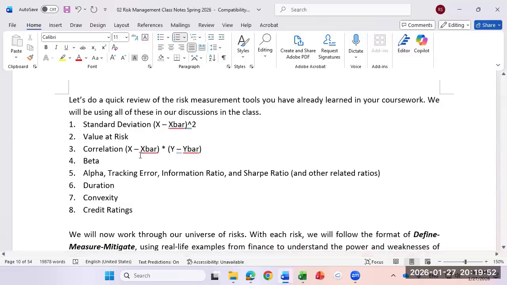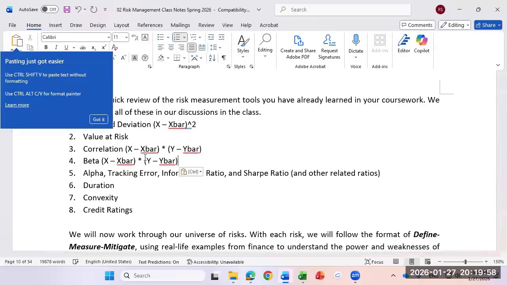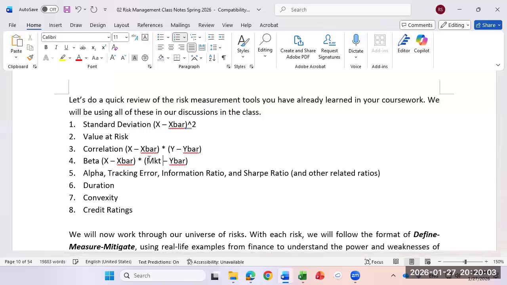And what does beta do? The exact same thing, except for what does beta do? It makes one of them a market, right? So beta is doing the exact same formula. The formula for beta and correlation are almost identical.